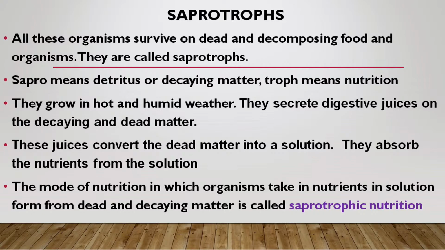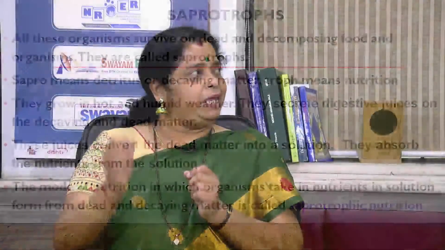So the term saprotroph means living organisms which depend on dead and decomposing matter. This mode of nutrition, where living organisms depend on dead and decomposing substances or material, is called saprotrophic nutrition.